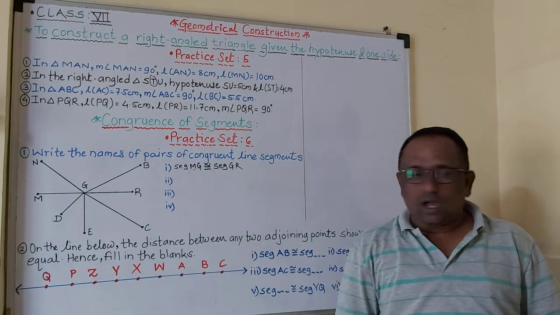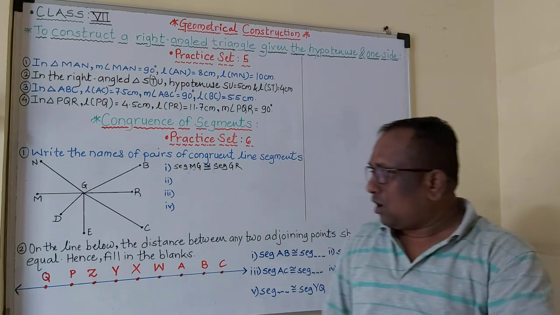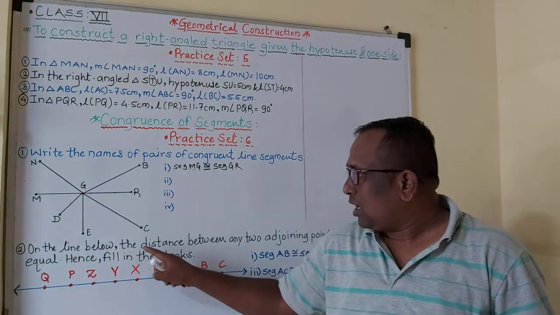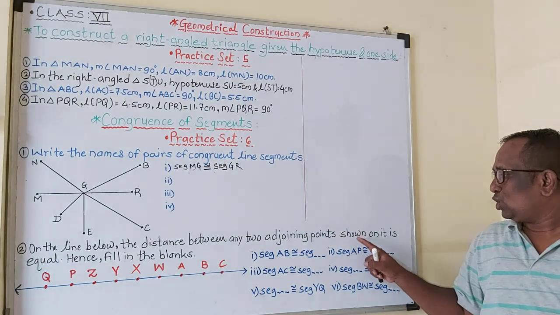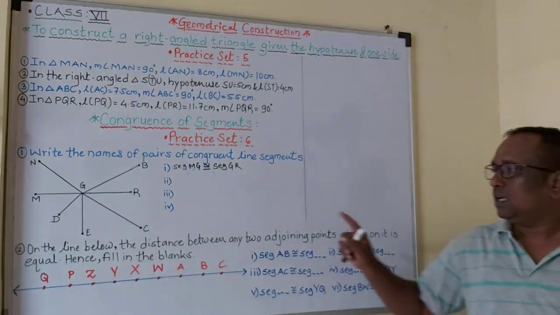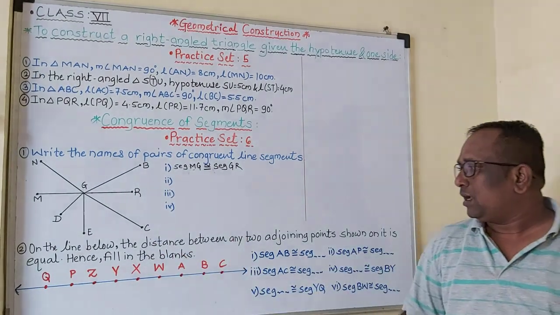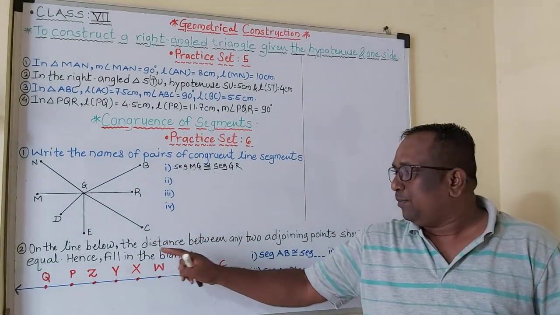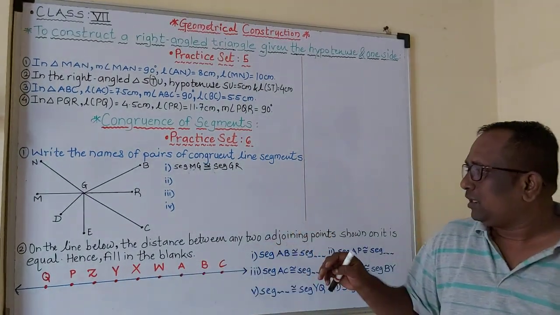Okay. Now, second question here. On the line below, the distance between any 2 adjoining points shown on it is equal. Hence, fill in the blanks. See, on the line below, this is a line, and on the line you can see there are points given.